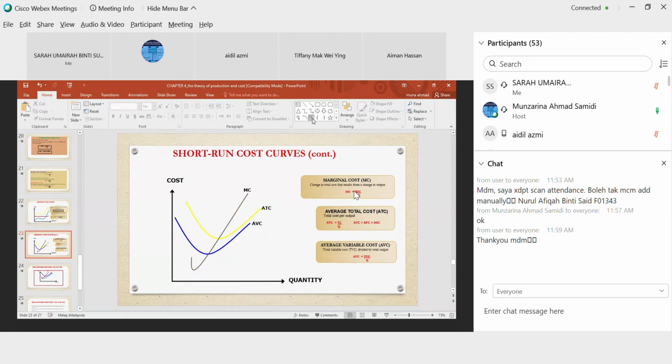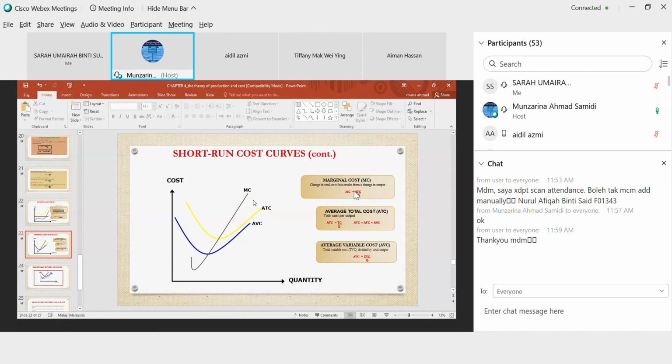Okay, average fixed cost. This is the average variable cost, average total cost, and marginal cost.